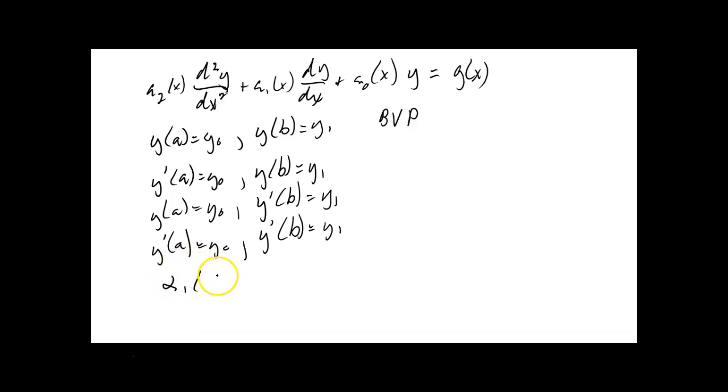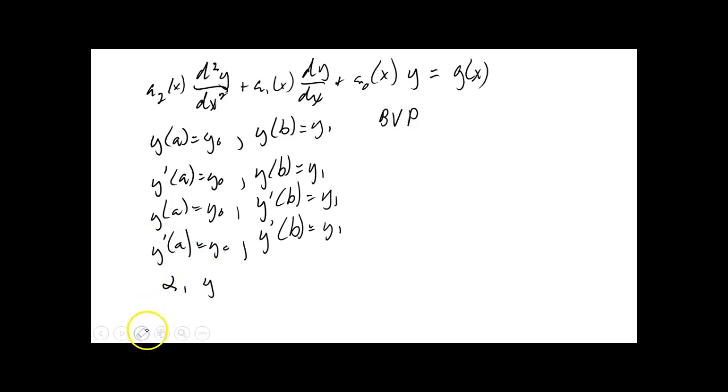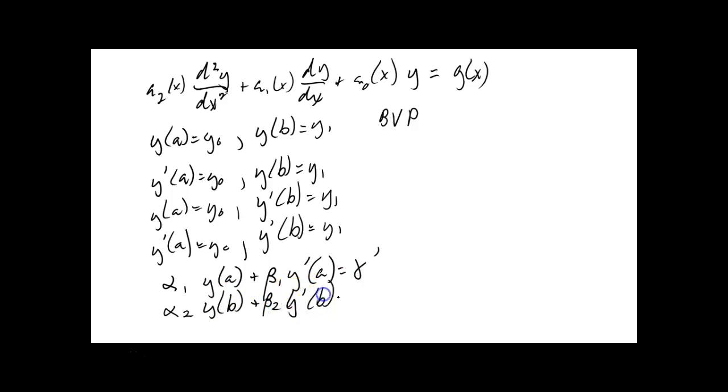Alpha 1 times y of a plus beta 1 y prime of a equals some gamma 1, and alpha 2 y of b plus beta 2 y prime at b is equal to some gamma 2.